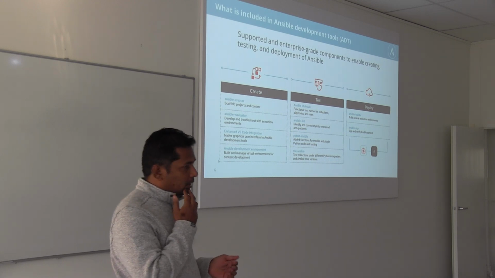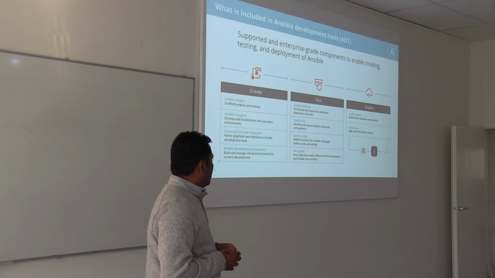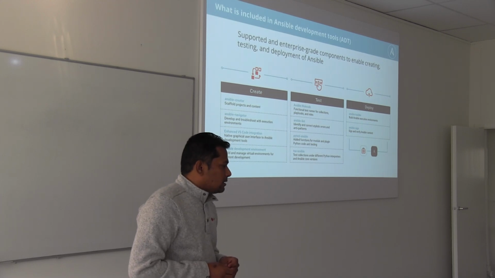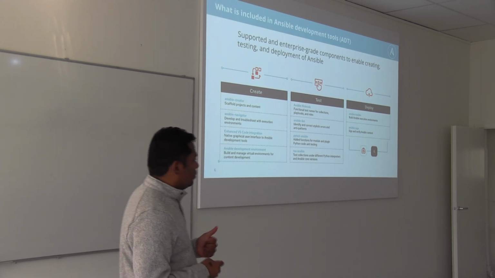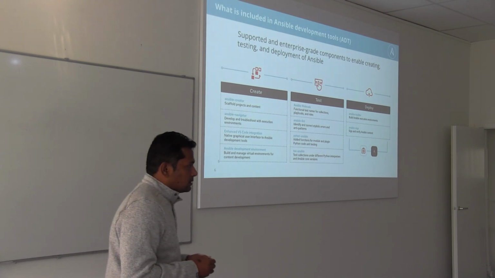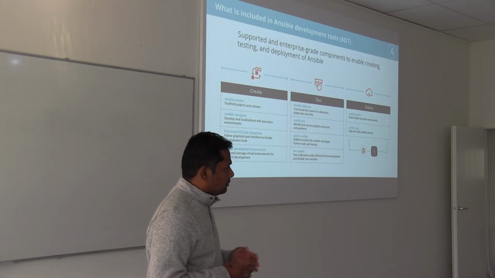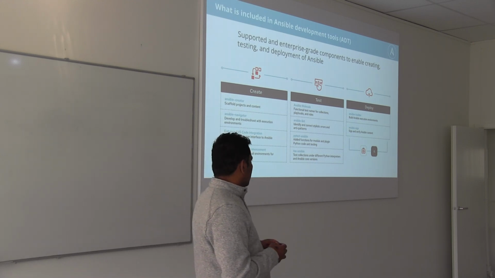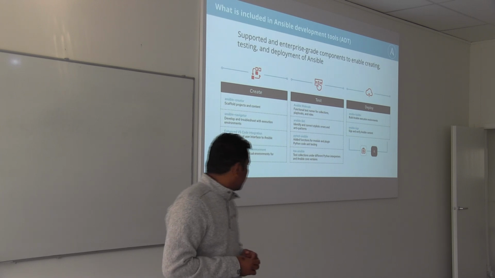Then within test, there is Ansible Molecule. Ansible Molecule has been around for a while. It provides a functional test runner for collection, playbook, and role. Then Ansible Lint provides stylistic errors. It is a static tool that provides you feedback on problems in your playbook and the best practices that you need to follow within your Ansible project.